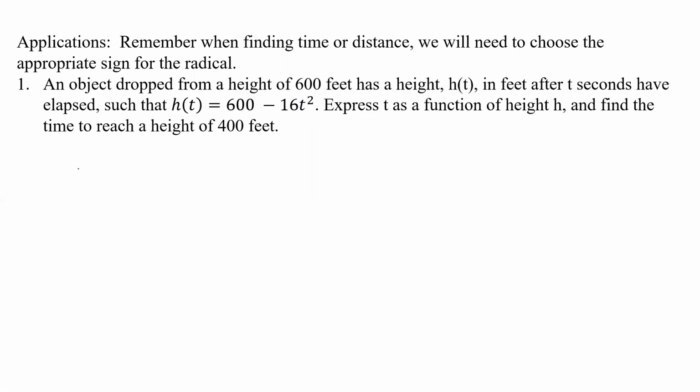Okay, so let's say we have h equals 600 minus 16t squared. Now we're going to solve for t, so let's subtract 600. So h minus 600 equals negative 16t squared. Now we're going to divide by negative 16.